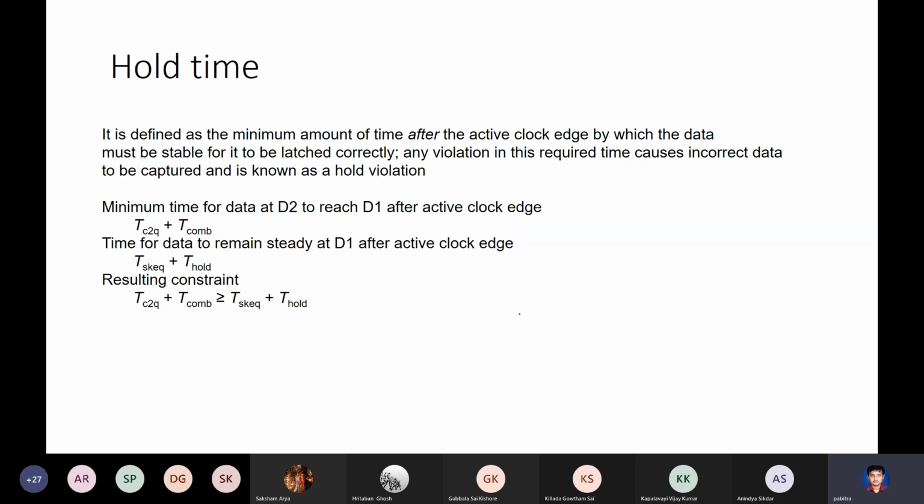It's T C2Q plus the combinatorial delay, which is the minimum time required to reach, and the minimum time it has to stay, T skew plus T hold. Again, this constraint is there. So when you are actually building these circuits using a lot of combinatorial circuits, these constraints, the hold time and setup time in the clock, should hold for the circuit to behave properly.